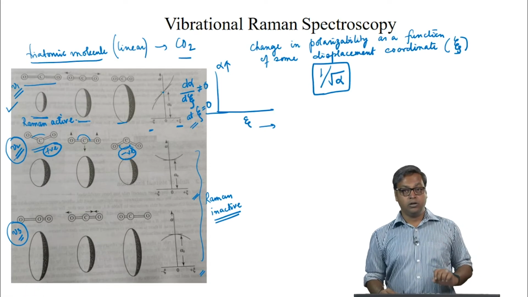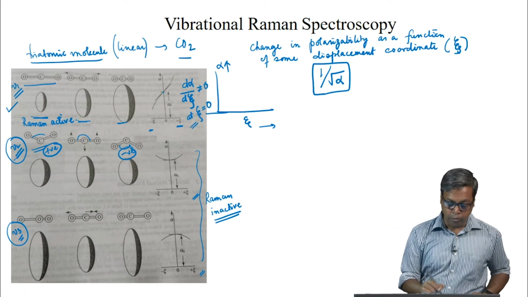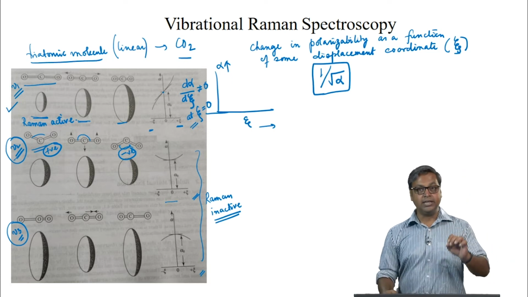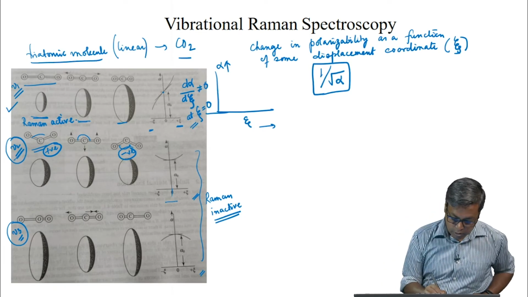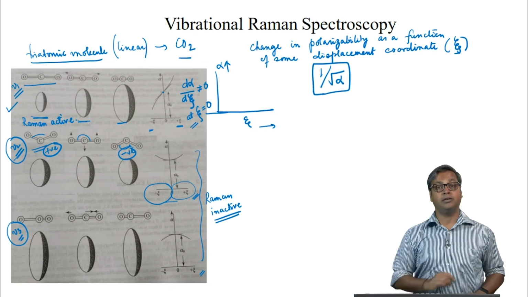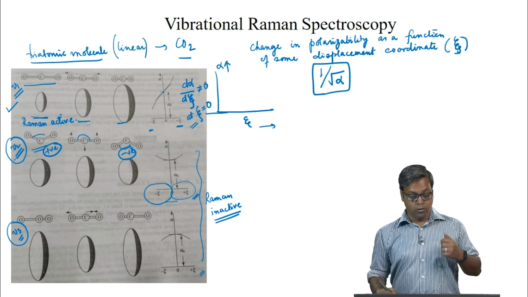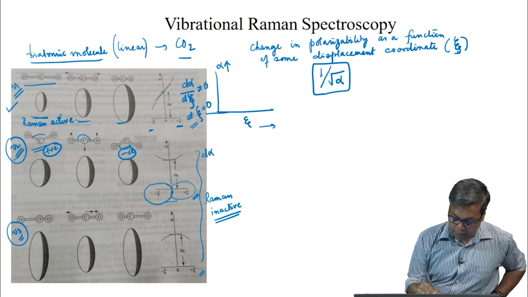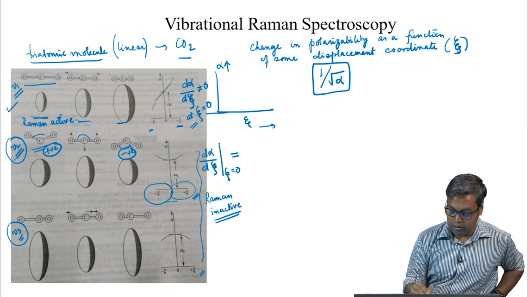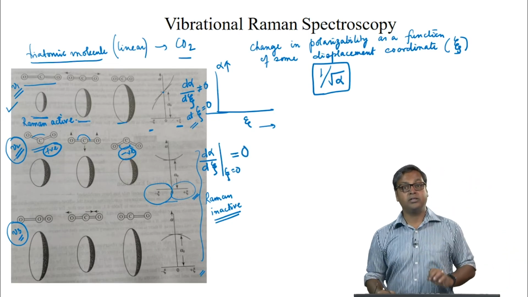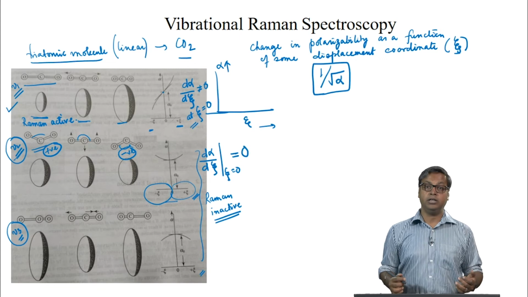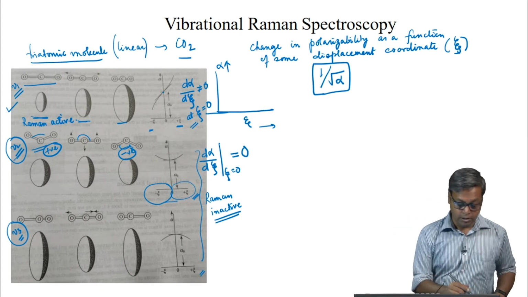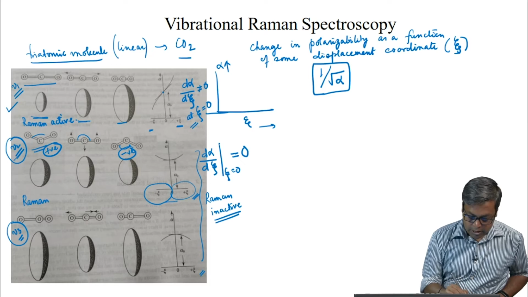This figure shows the change in polarizability, and we can see the change in polarizability is exactly the same for both the positive and negative xi. So, now we can say d alpha d xi at xi equals 0 equals 0, and hence for small displacements there is effectively no change in the polarizability and the motion is Raman inactive.